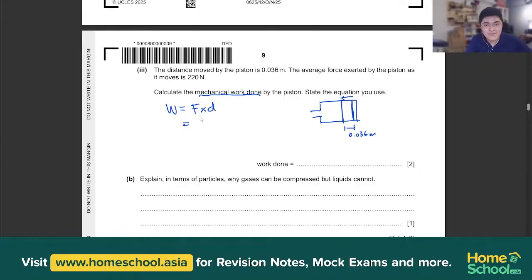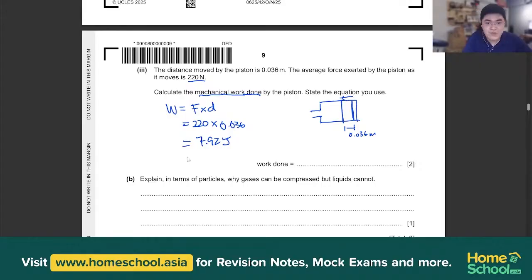We have the force exerted as 220 newtons here, multiplied by distance, which is 0.036 meters, and that would give you 7.92 joules, which is the unit for energy.